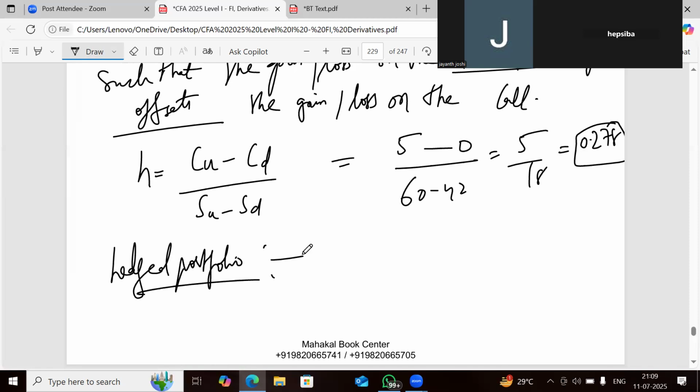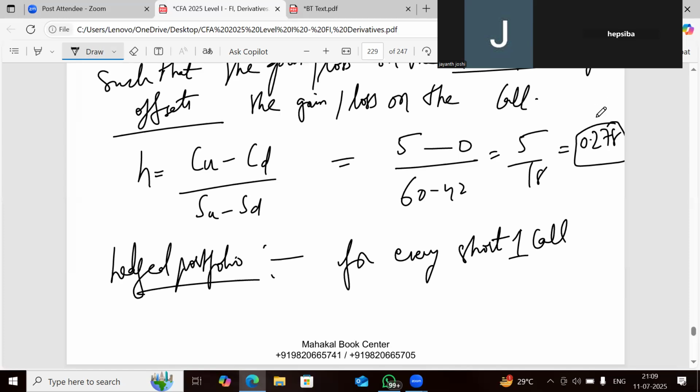For every one short call, you will long 0.278 shares of stock. For every one short call, you will not long one share. For every short one call, you will long 0.278 shares of stock.